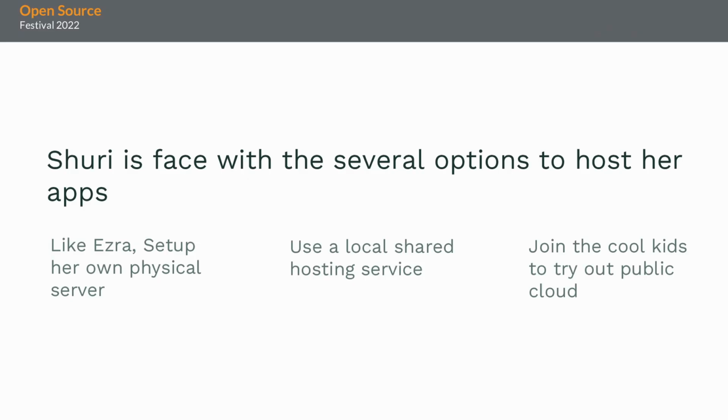So Shuri is faced with several options. The first option is like Ezra, the city of Paystack. She could decide to set up her own physical server in her house, if she has the money to buy a server. Or she could use a local shared hosting service, like some popular ones, but she'll run into problems like not being able to scale her applications.